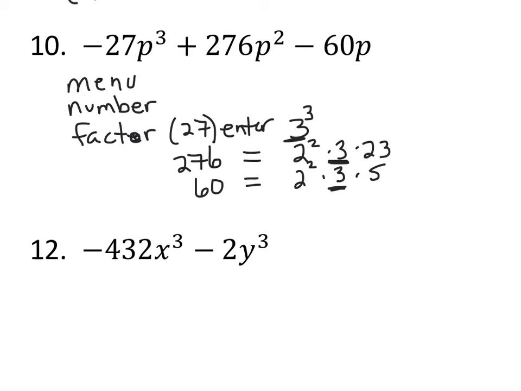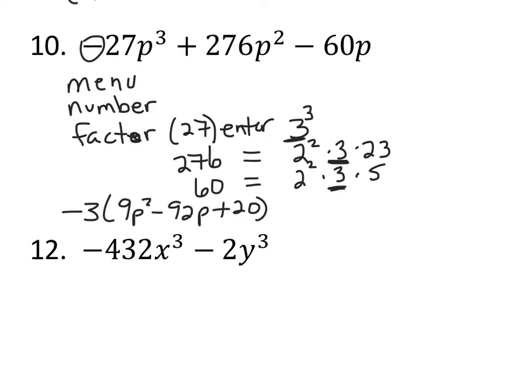So let's go ahead and write that out so you can see what that looks like. And I'm also going to factor out this negative sign right here. I don't want that when I'm trying to factor the rest of the expression. So I'm going to factor out the negative sign, and I'm going to factor out a 3.